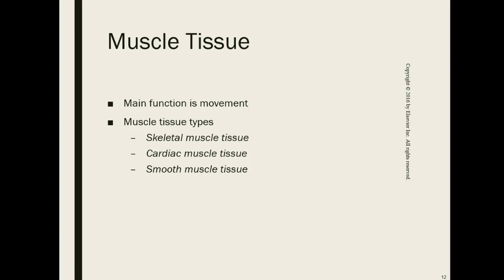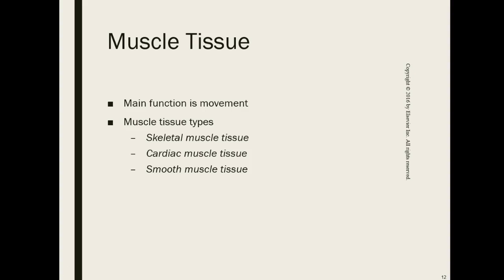Muscle tissue, main function is going to be movement, of course. There's 3 different types of muscle tissue: skeletal, cardiac, and smooth. So skeletal muscle will always attach to a bone. Those are the muscles that we're most familiar with for the most part. Another name for skeletal muscle is going to be striated voluntary muscle.